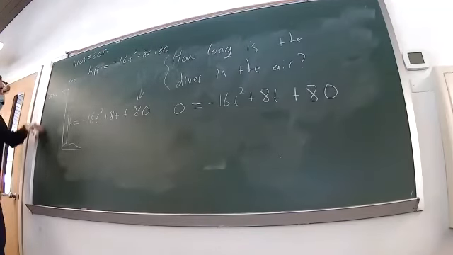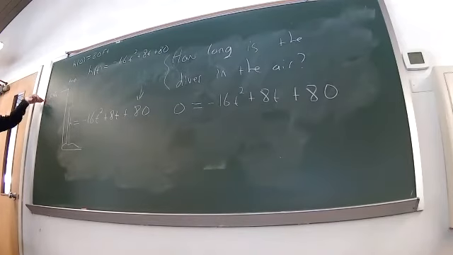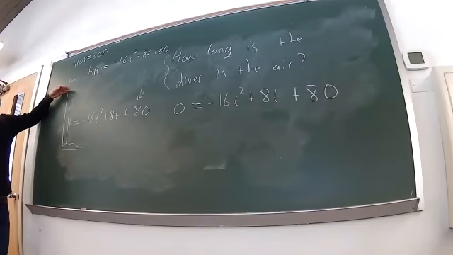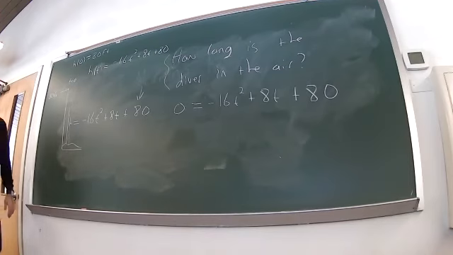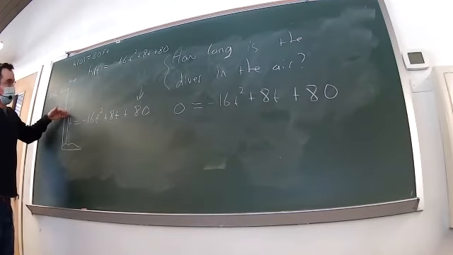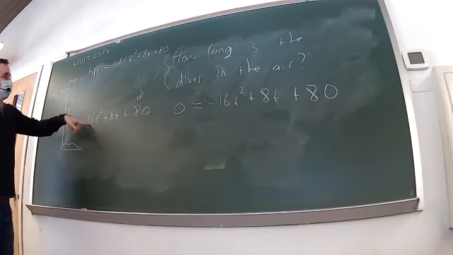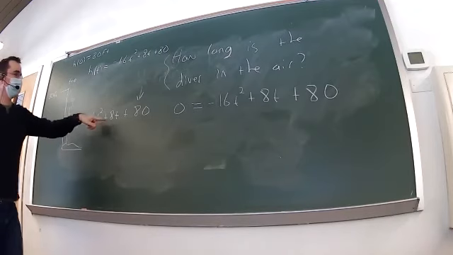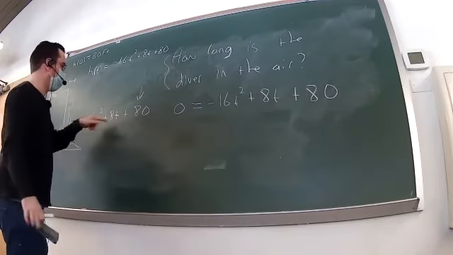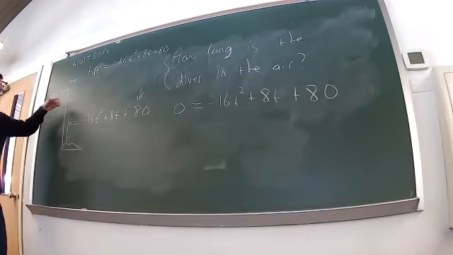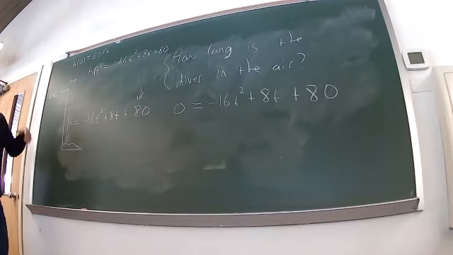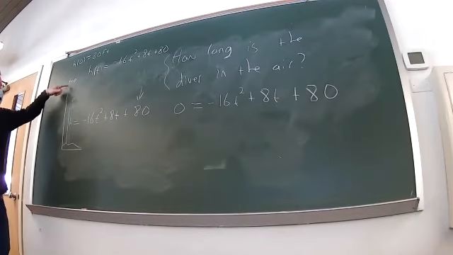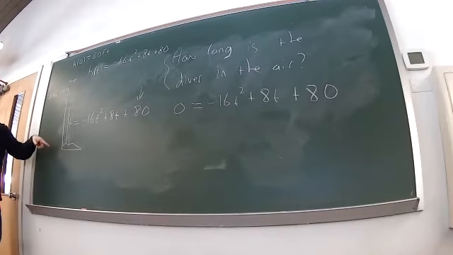So that's how I know that you're starting out 80 feet up in the air, because if no time has elapsed, you haven't fallen at all. But if 1 second has elapsed, then maybe you're negative 16 plus 8, so negative 8 plus 80. After 1 second has passed, you've fallen 8 feet. So after how many seconds have passed are you at the water? Meaning, how many seconds were you in the air?